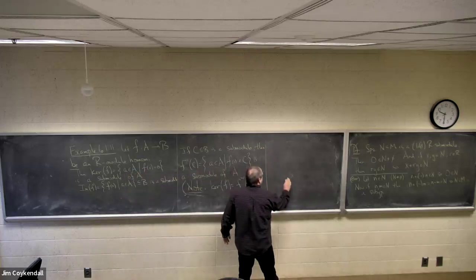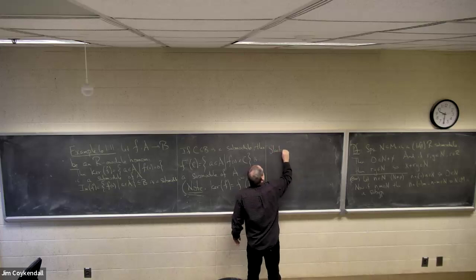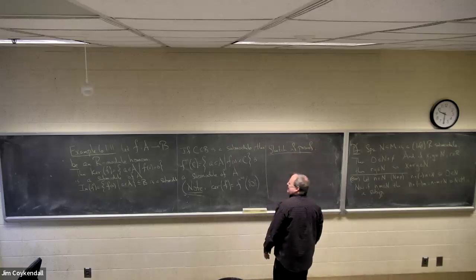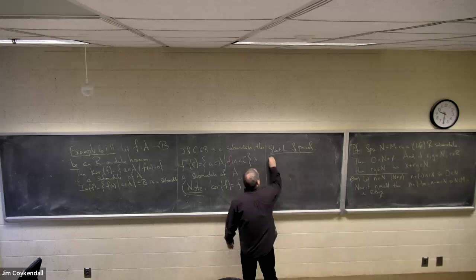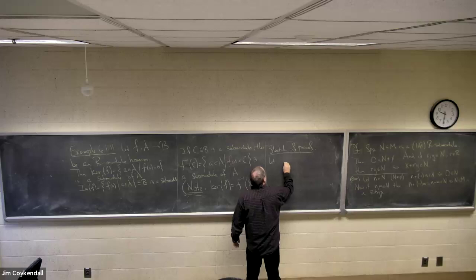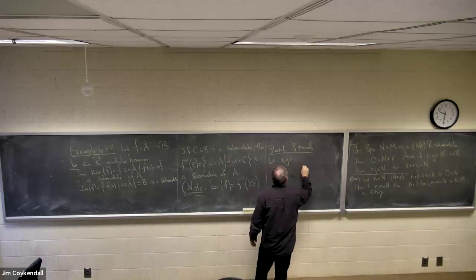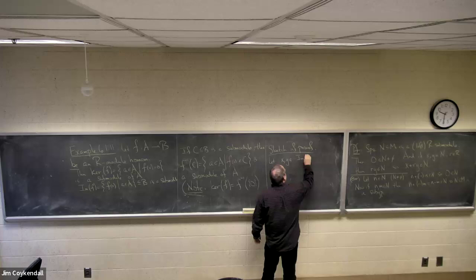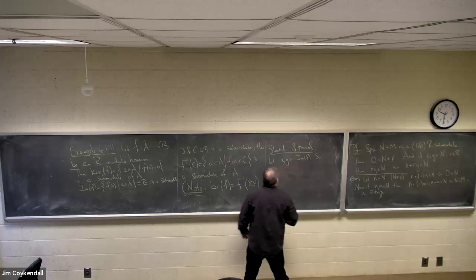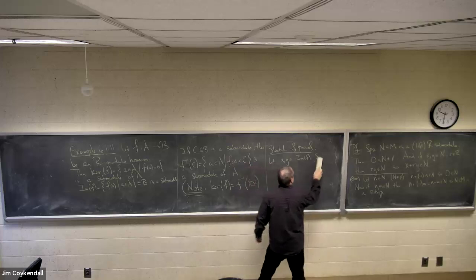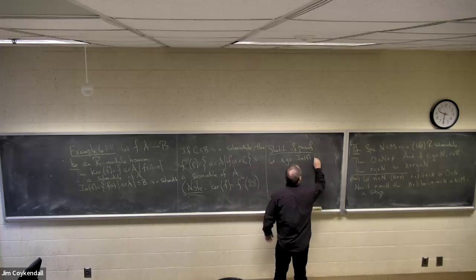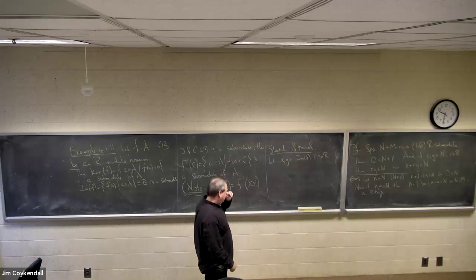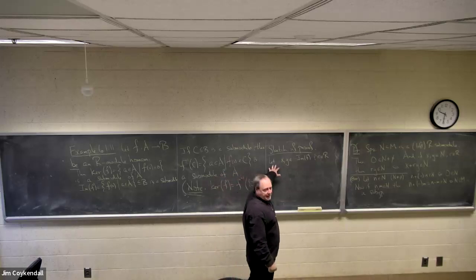So let's look at the image first. Let's do the image of F. Let X and Y be in the image of F, and R in the ring.